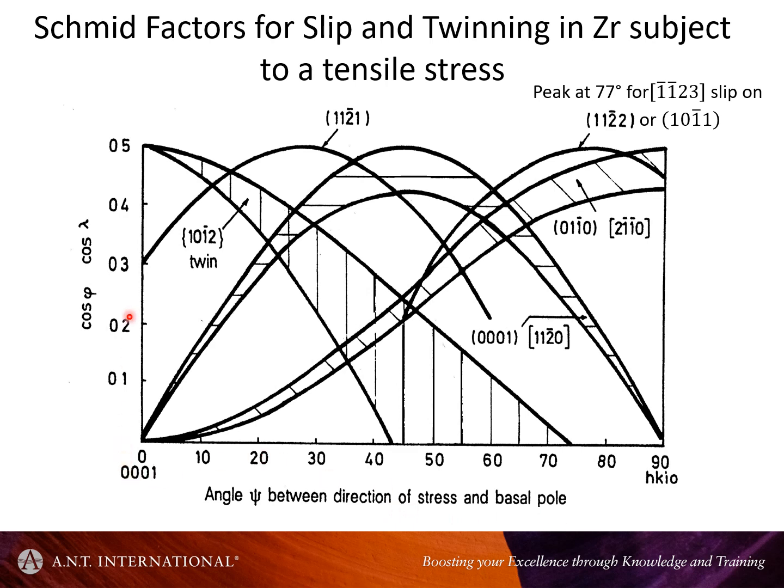So in this particular case, we are perpendicular to the basal pole. Sorry, we were parallel with the basal pole. And in this case, when you're pulling along the c-axis, you get this type of twinning operation.